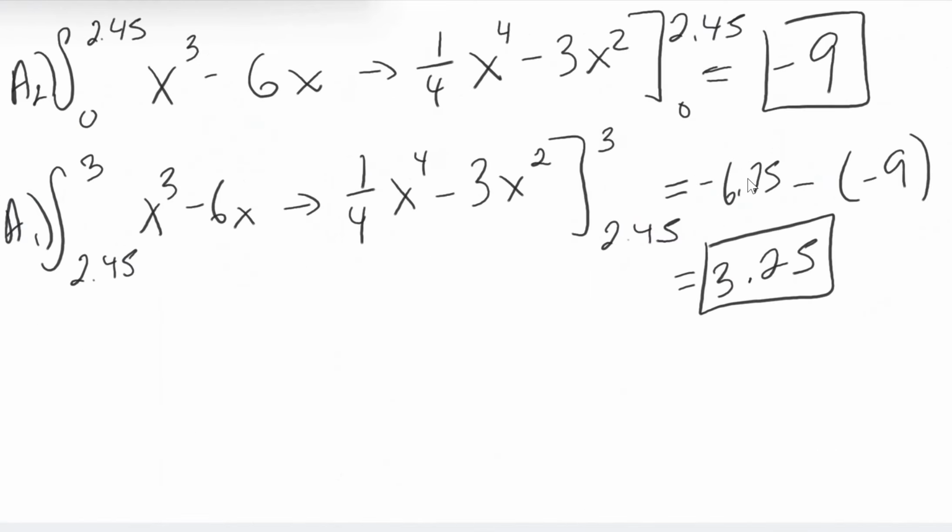Because I had negative 6.75 minus a negative 9, which comes out to be 3.25, because two negatives make a positive. So you get negative 6.75 plus 9.